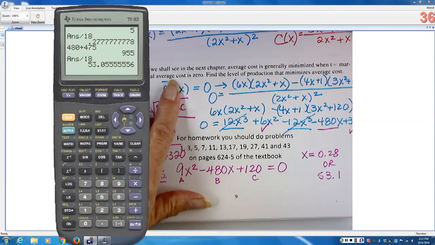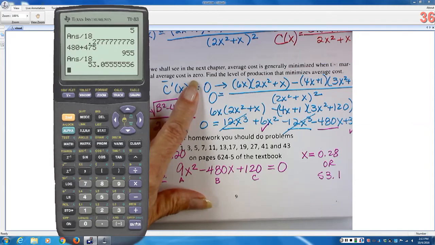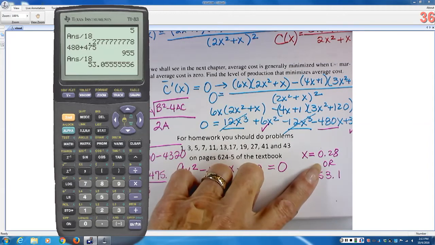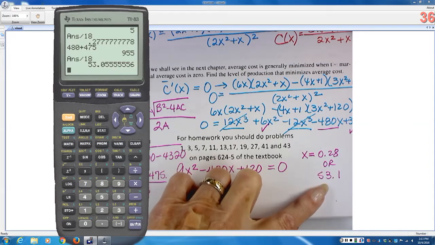So your marginal average cost is 0 when you're making the first item or when you're making the 54th one. Make sense?